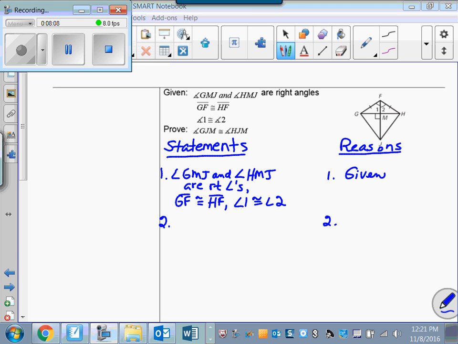Okay, here we go. So the first time I did this proof last night, this happens to be a proof that can be worked out in several ways. The first time I did this, I went from this given information straight into saying that angle GMJ, which is this one right here, is congruent to angle HMJ, and that would be because of the right angles theorem.